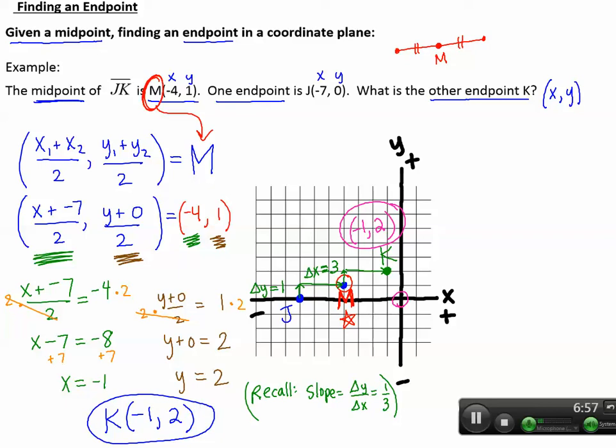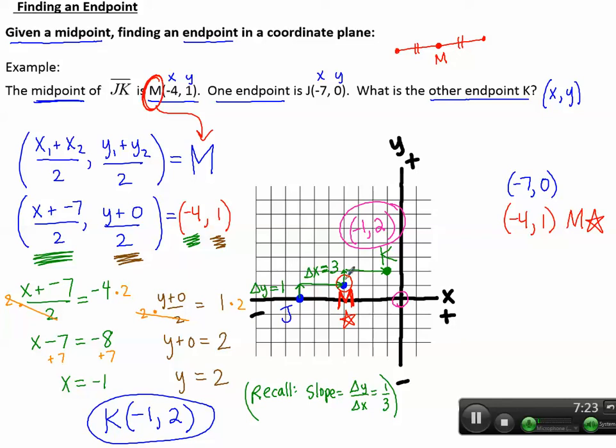Let's look at one more way to find the missing endpoint. Let's just jot down these points. One endpoint is -7, 0. The midpoint, -4, 1. I'm going to write an M next to it and put a big star because I want to remember this is the middle. This is the midpoint.